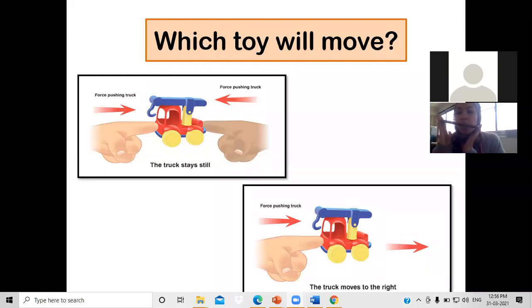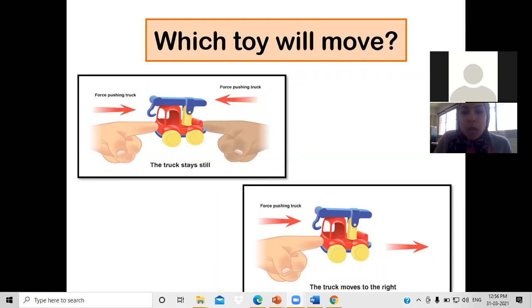But if one hand were stronger than the other, it's going to move, because this force is stronger than this force. So in this case, it's an unbalanced force, the type of force that causes a movement.